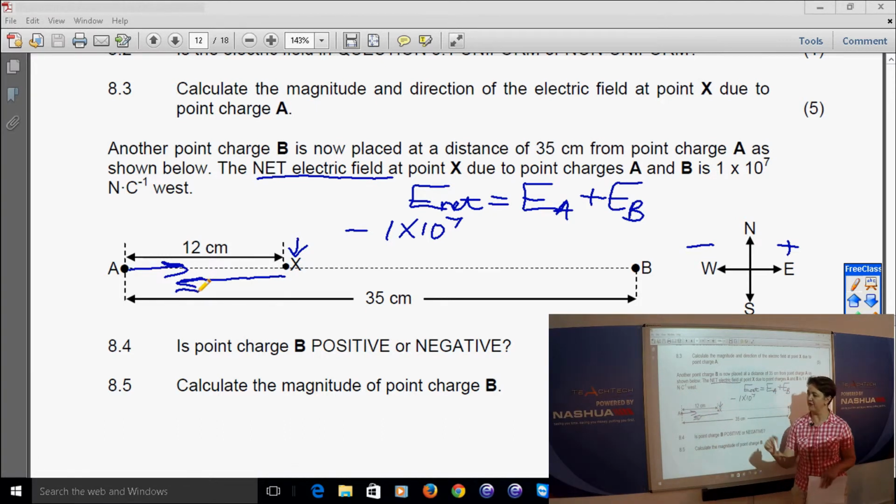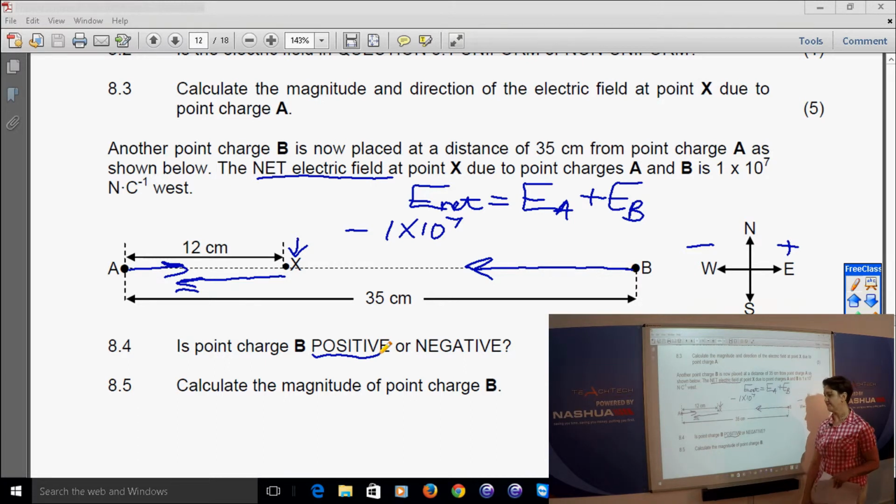So for this net field to be to the west, it means that B has to also push X to the west. So we will have a field in the negative direction, and it must be greater than that of A. And for the field to go outward from B, it needs to be positive. So our answer is positive.